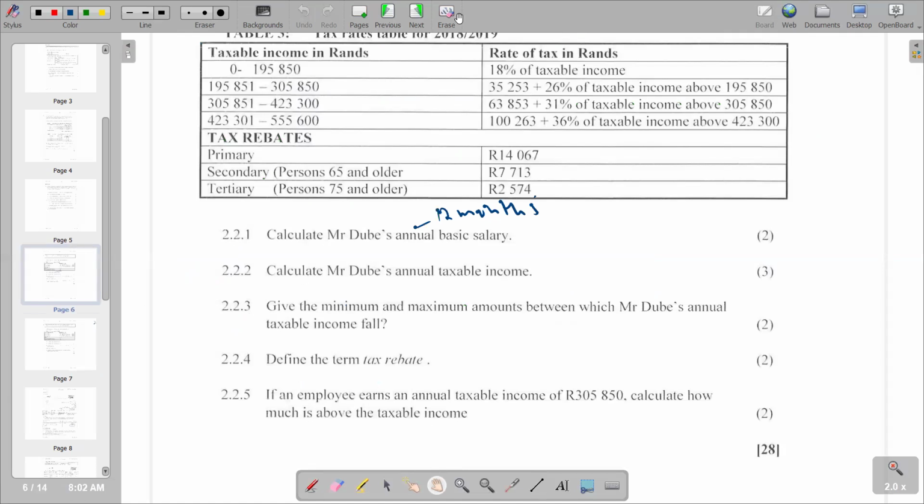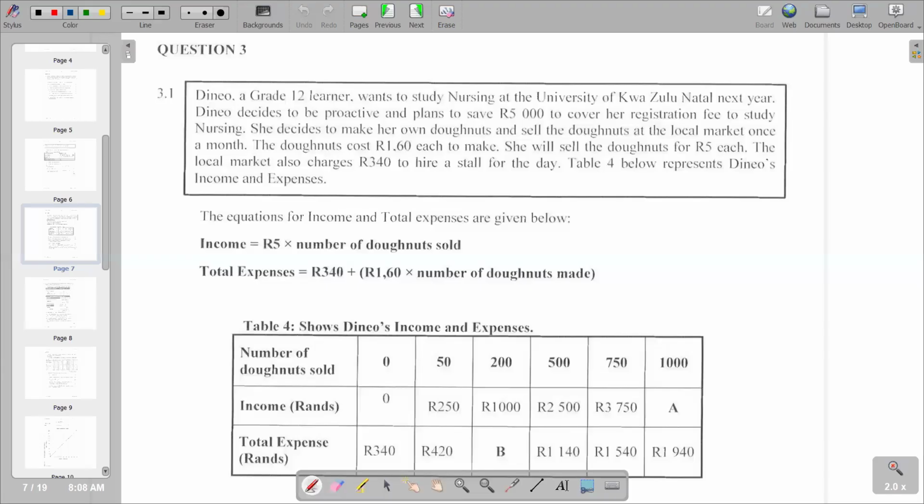Obviously, the next question that we have is going to be our question 3. Question 3 reads, Denio, a great co-learner, wants to start nursing at the University of KwaZulu-Natal next year. Denio decides to be proactive and plans to save 5,000 rands to cover her registration fee to start nursing.